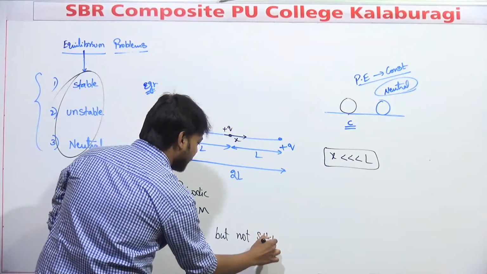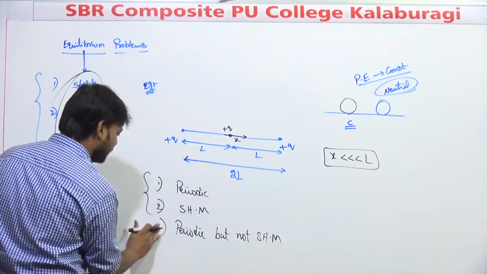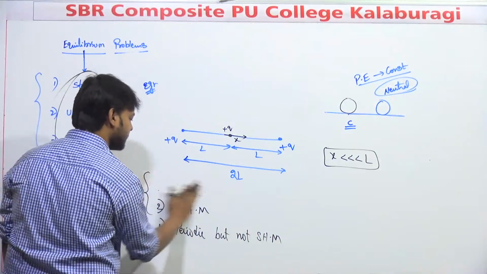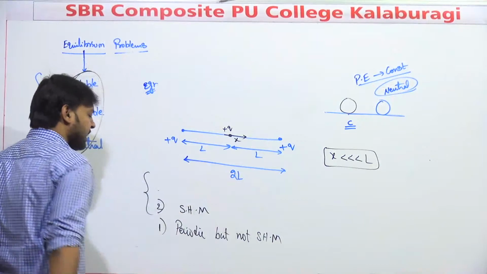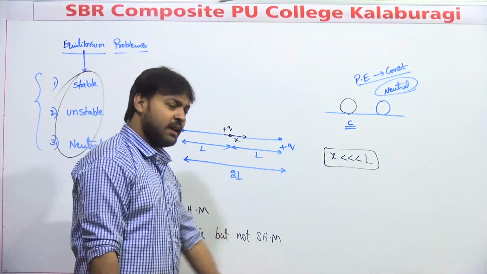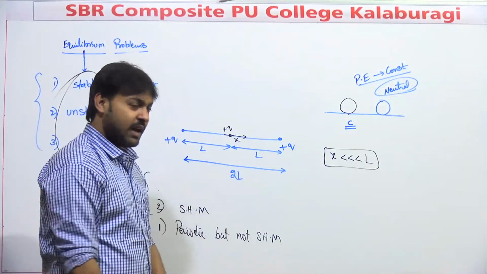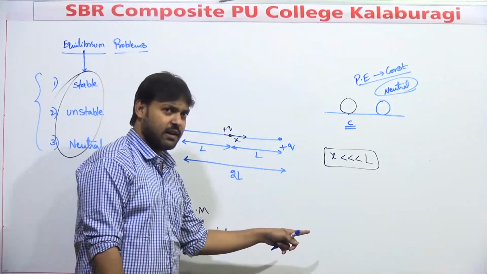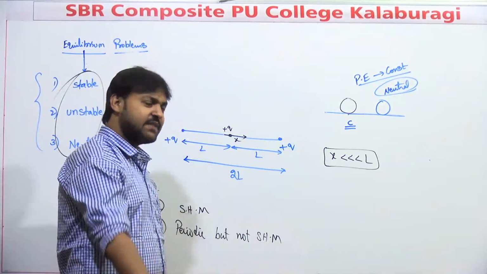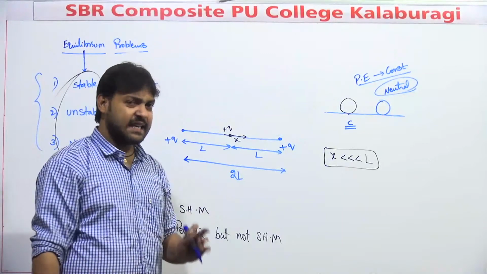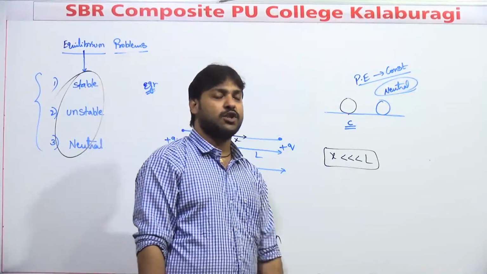Both are the same, I think, first option and third option. So assume this as the first option and remove this. So periodic but not SHM, SHM. I can't write SHM but not periodic, right? If the periodic condition is satisfied, then only we have to go for SHM, simple harmonic motion.